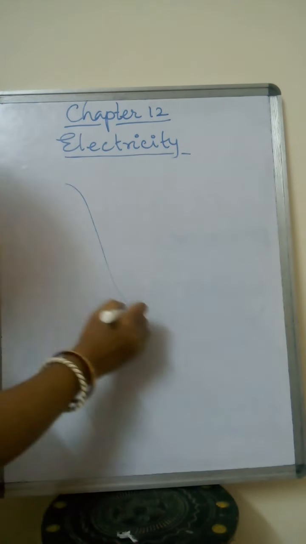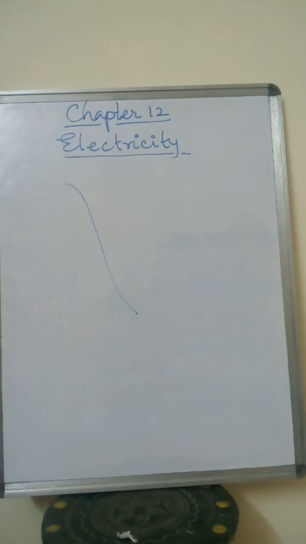This means that the potential difference is necessary for the flow of current through a conductor.